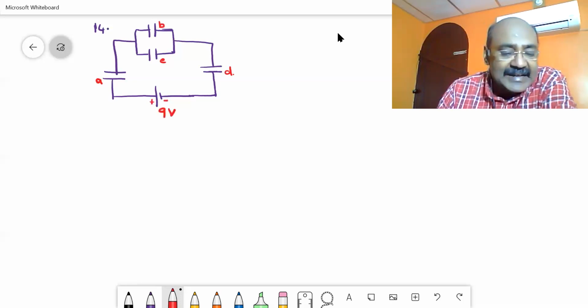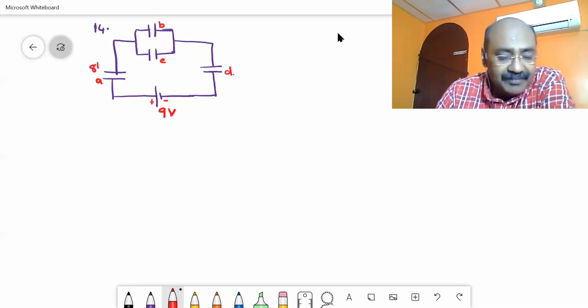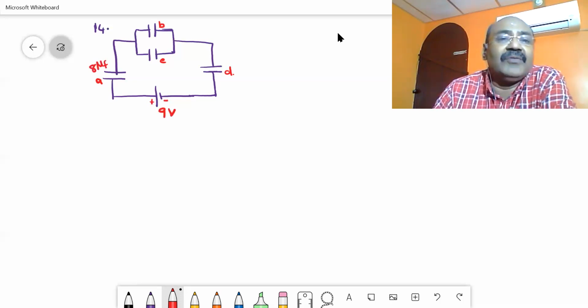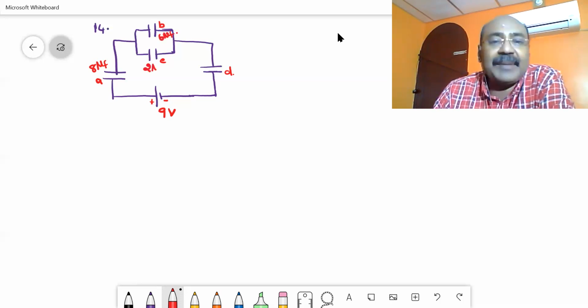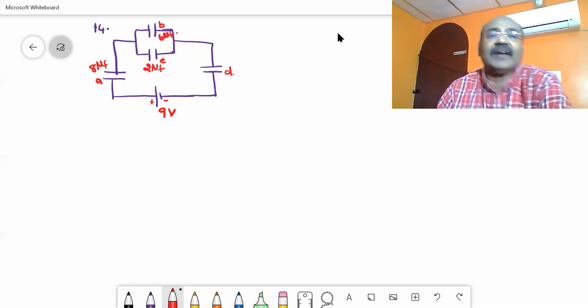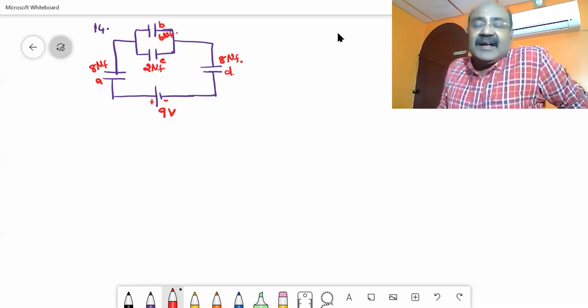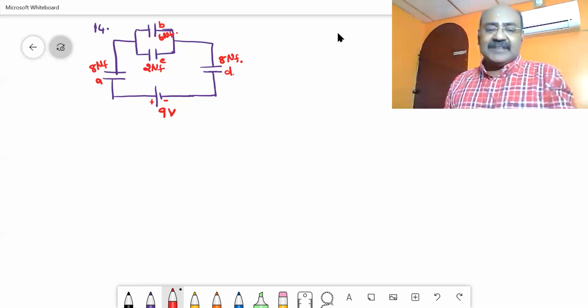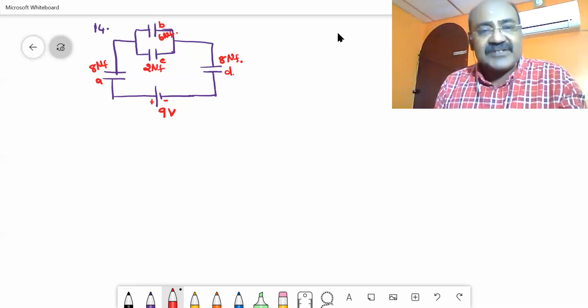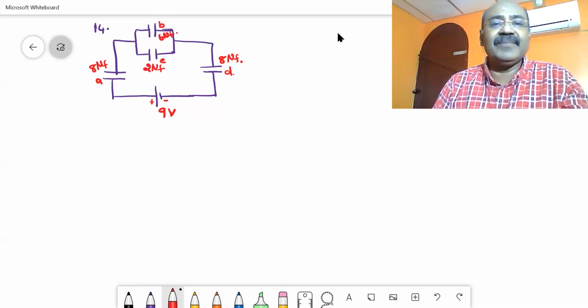The capacitor A is of 8 microfarad, capacitor B of 6 microfarad, capacitance C of 2 microfarad, and capacitance D again taken to be 8 microfarad. So let us simplify this diagram stage by stage and calculate.